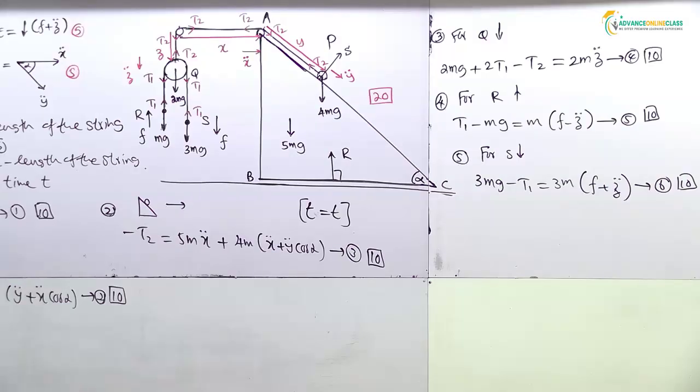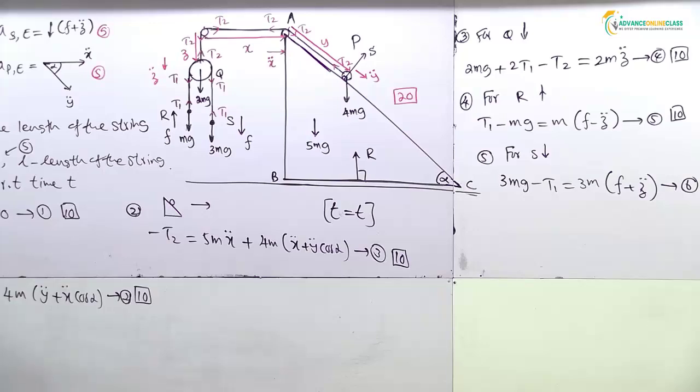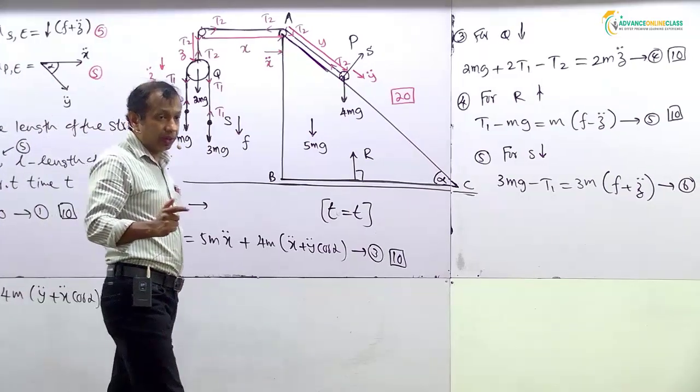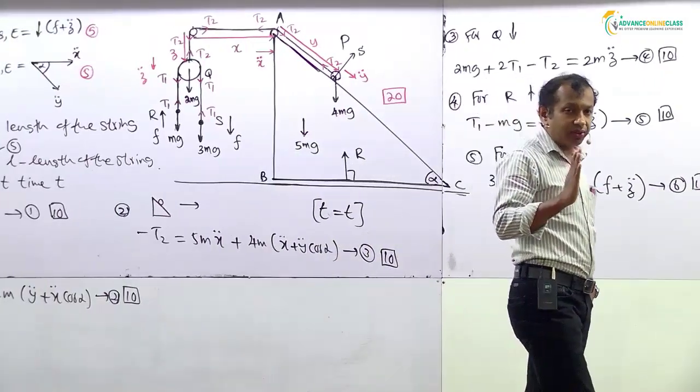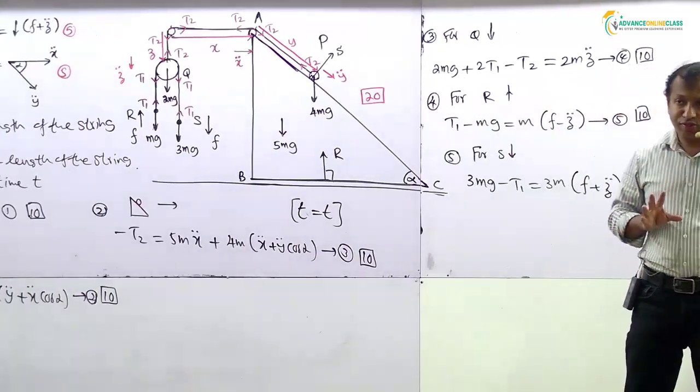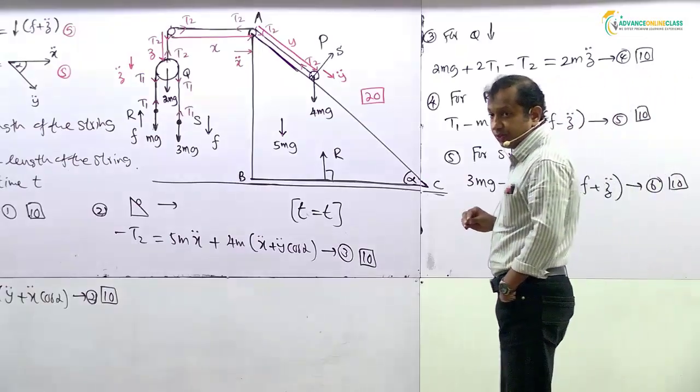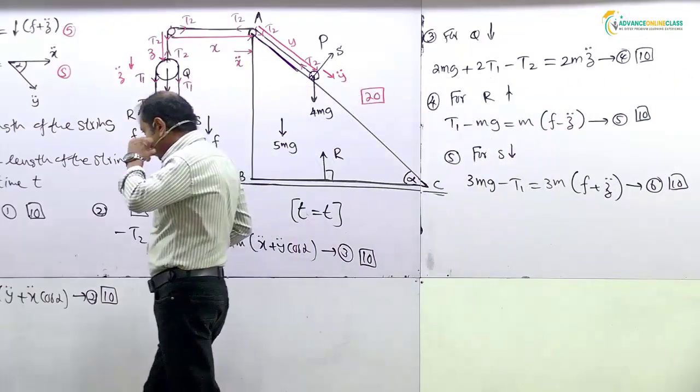There are how many unknowns? T1, T2, x double dot, y double dot, z double dot, 5, 6. 6 unknowns are there. 6 equations we must write. Sufficient equations means that.